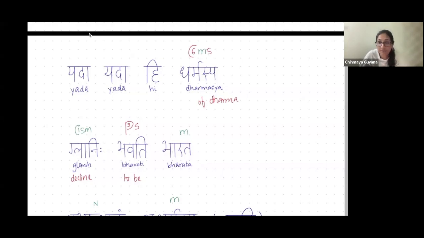What is Bharata? What case is Bharata? Don't say no case. It doesn't have a halant. I didn't forget to put a halant. It's not fifth case. If a word ending in a doesn't have any other ending, it is an eighth case, like Rama.